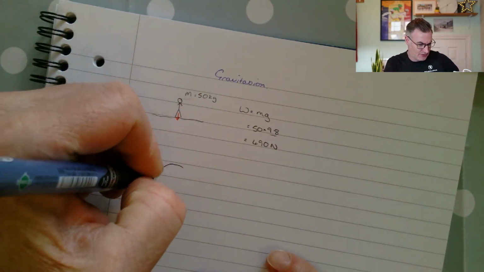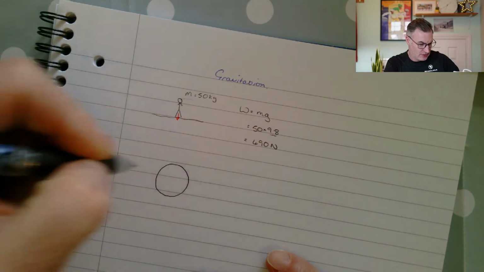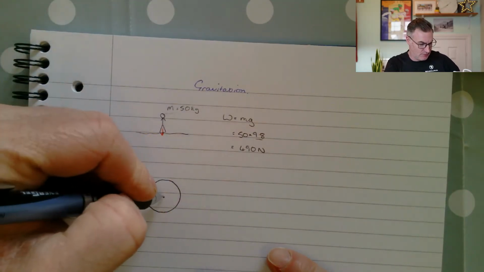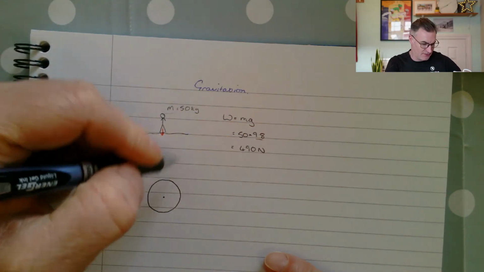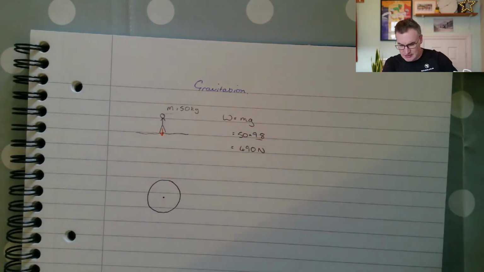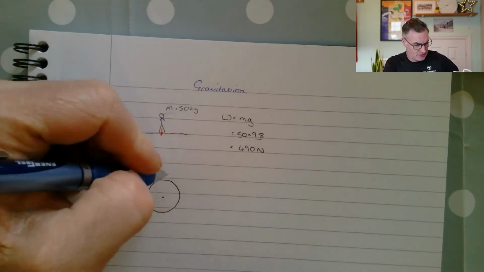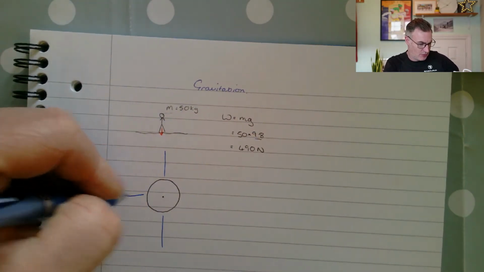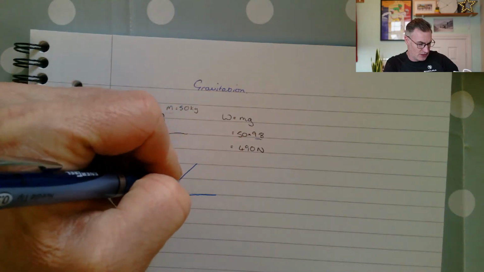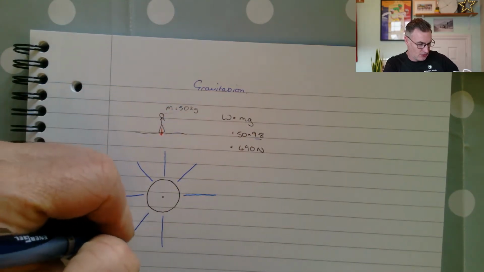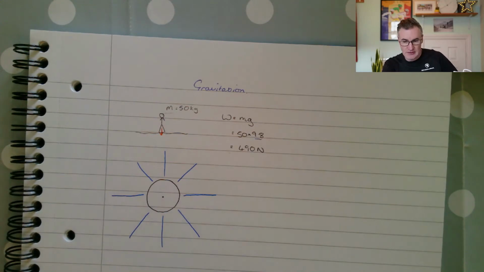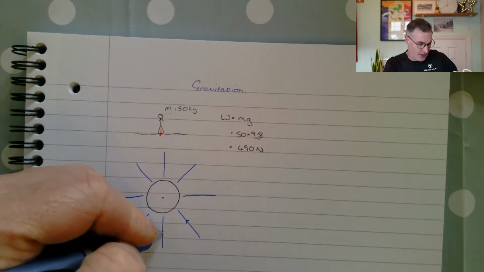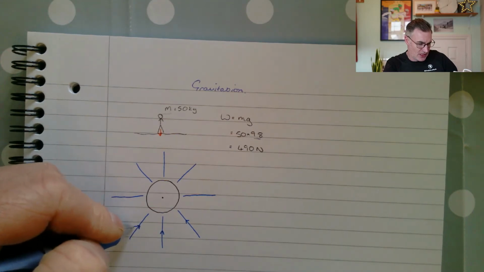So we will have a planetary object. If we just think of this as the Earth, the gravitational field as it comes out of here would look something like this. So here we have a gravitational field extending out, and our arrows are always going to go in towards the centre of the object.